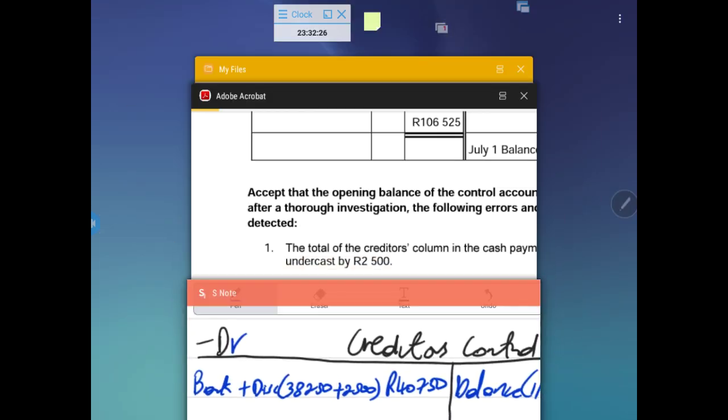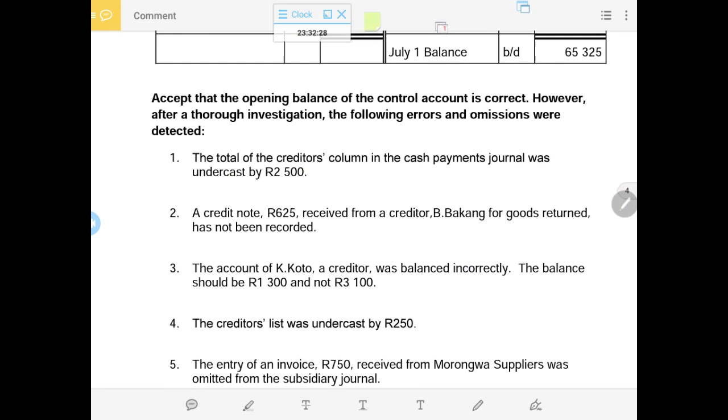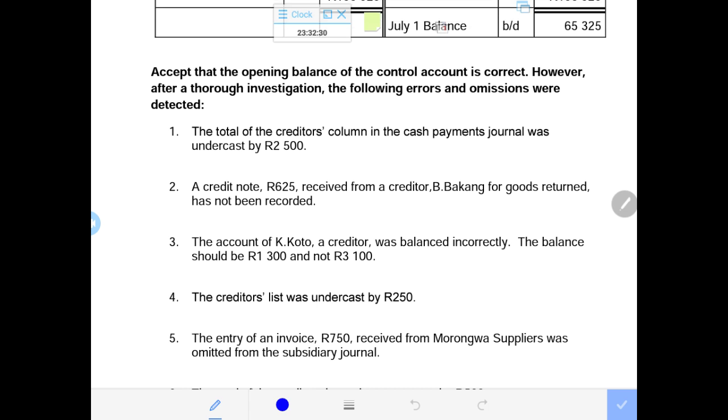Then we therefore now come to transaction number 2. Transaction number 2 says a credit note. Remember, a credit note is when goods are returned to a supplier. This credit note was received, and just to give more explanation, the only return we have in this case will always be a return to a supplier.